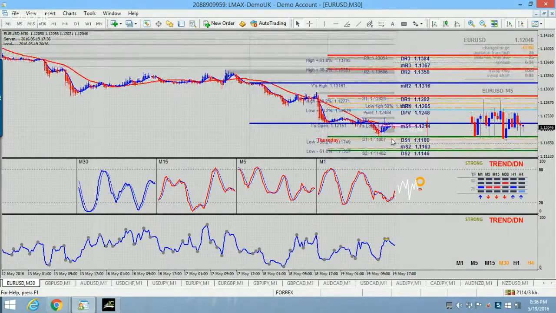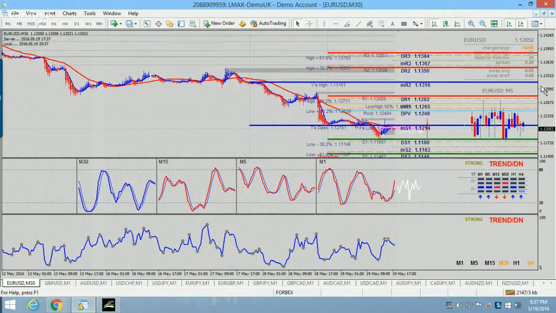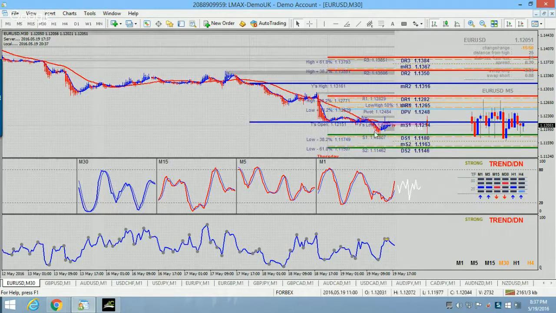As you may see, support levels 1, 2, and on the upper side, we have resistance 1, 2, and 3. Okay, why was this information really important to have on the charts at the right time during the day?